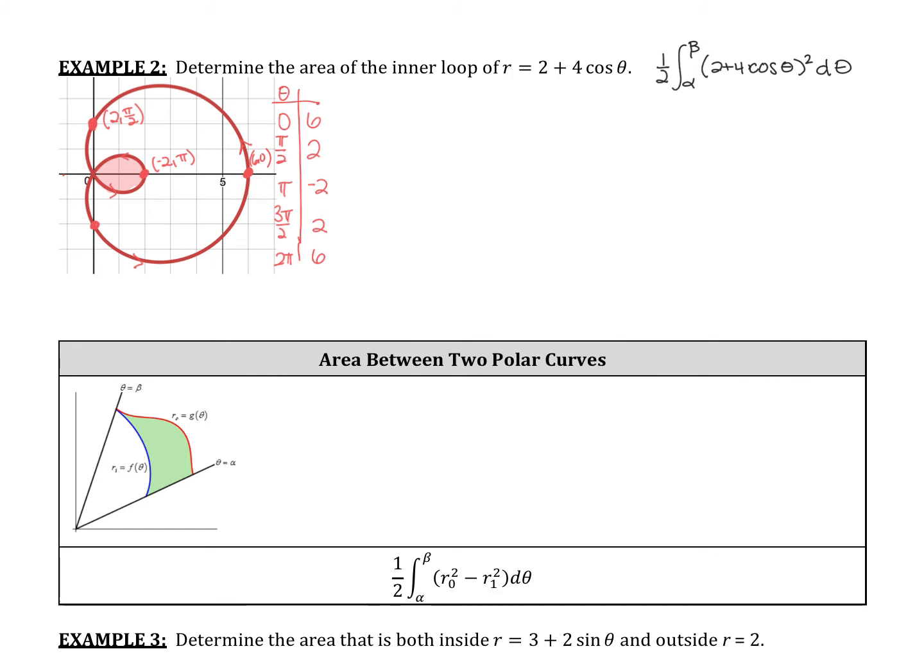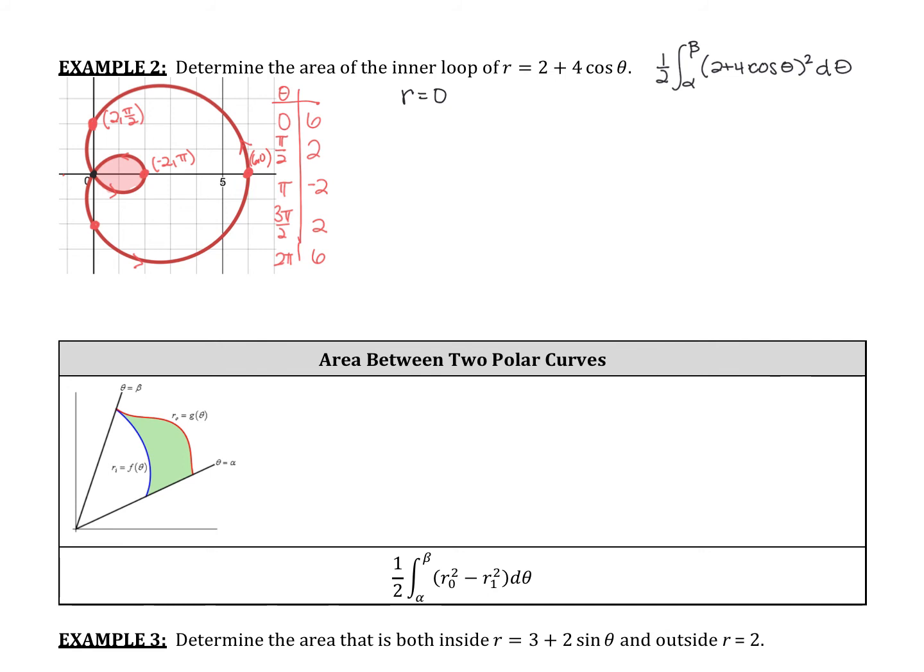What are the angles that give me that? It's really hard to tell. I can't just look at it and guess, so I'm going to solve for it. What I'm going to do is set up where r equals 0. r equals 0 is right here, because there is no radius outside of that.